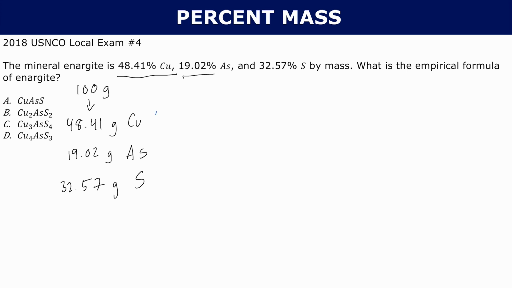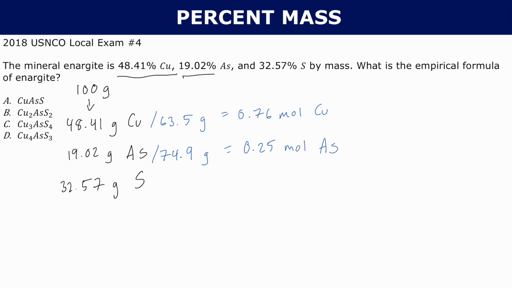So copper has a molar mass of 63.5 grams. And so you have 0.76 moles of copper. Arsenic has a molar mass of about 74.9 grams. And so that comes out to about 0.25 moles of arsenic.